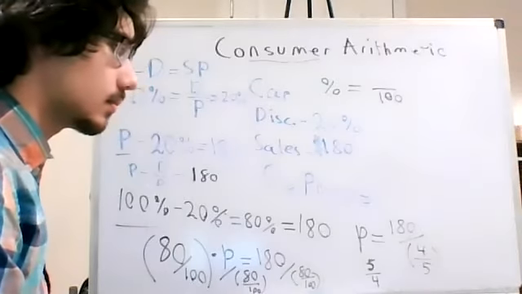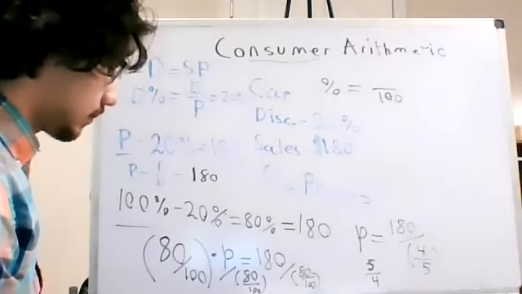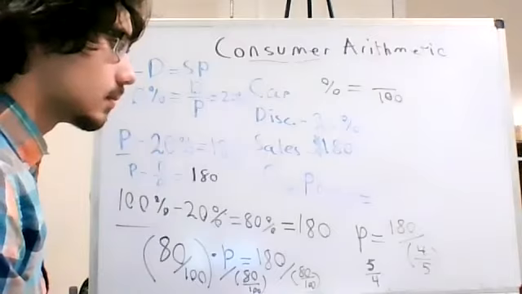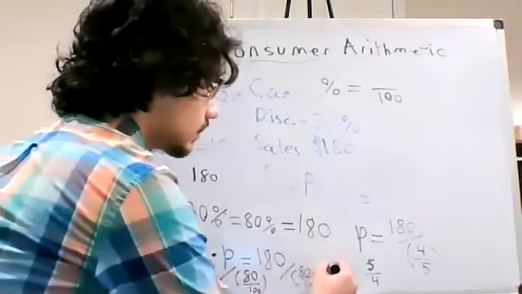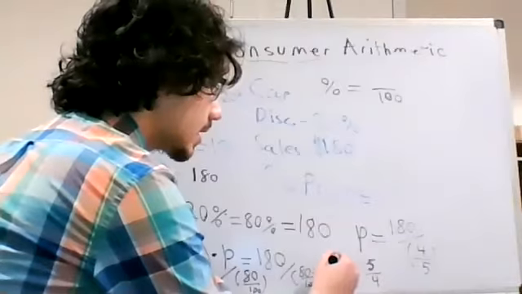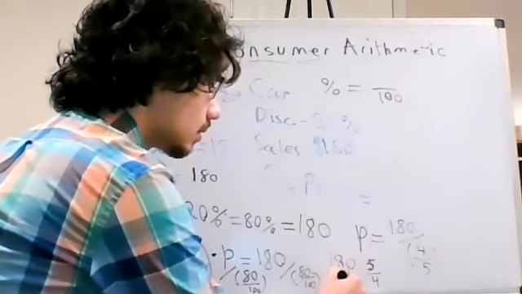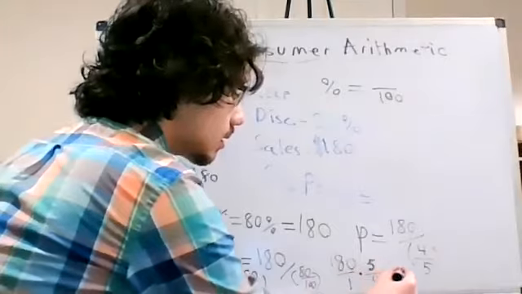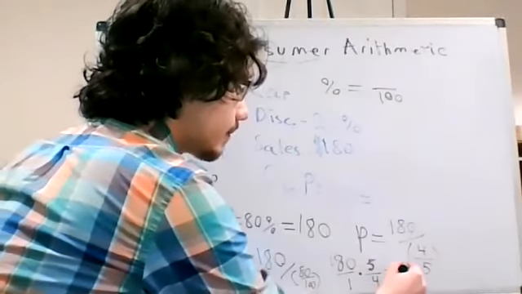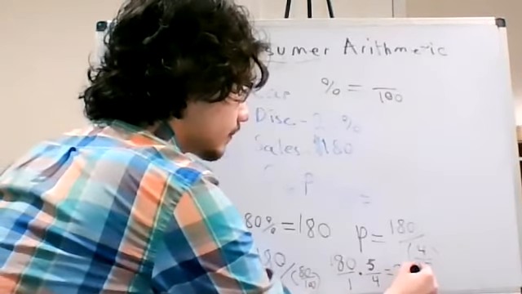As you finish turning over the fraction, you have 180 over 1 times 5 over 4. Correct. This is keep, change, flip. And this would be 225. Yes.